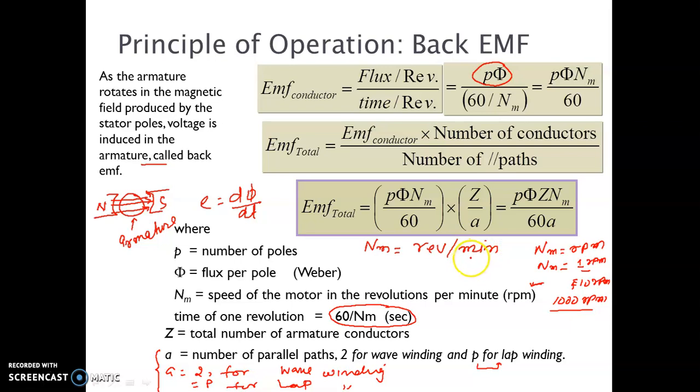If you convert it into seconds, minute is converted into second, so it is revolution by time, and Nm you can write as revolution by time, into 60. Here this time is in seconds.